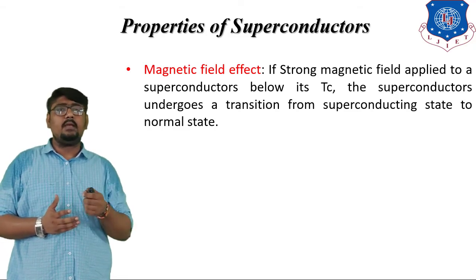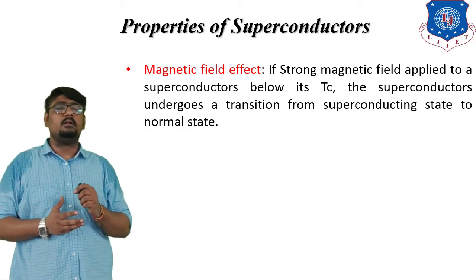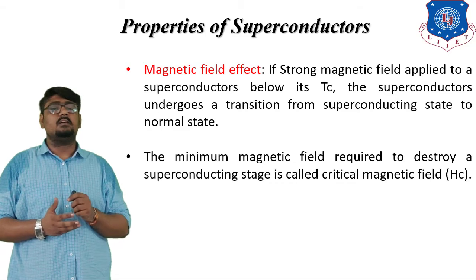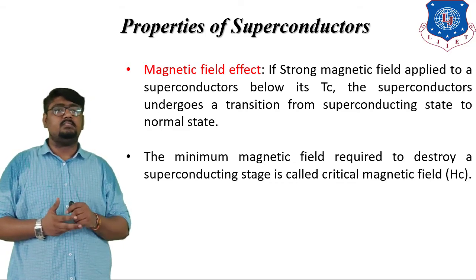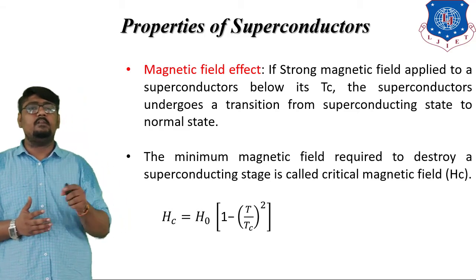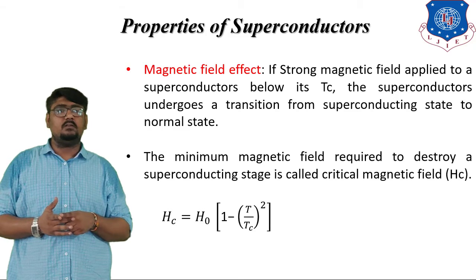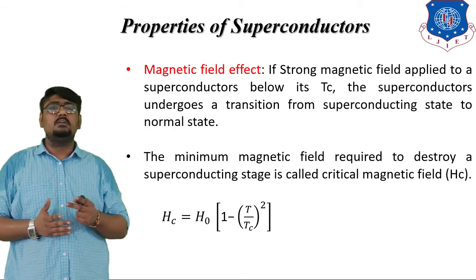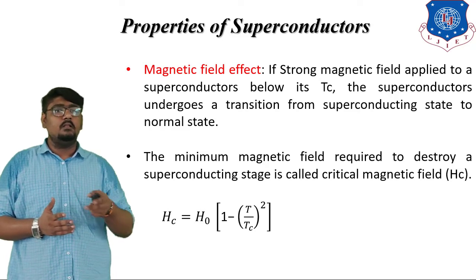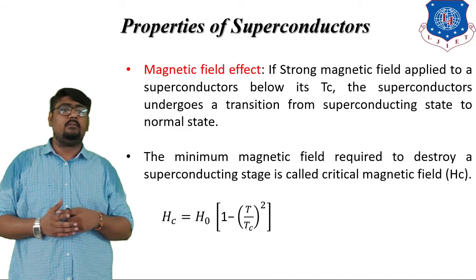The minimum magnetic field required to destroy a superconducting state is known as the critical magnetic field, that is Hc. You know that magnetic field is denoted by capital H, and C is the suffix for critical magnetic field.